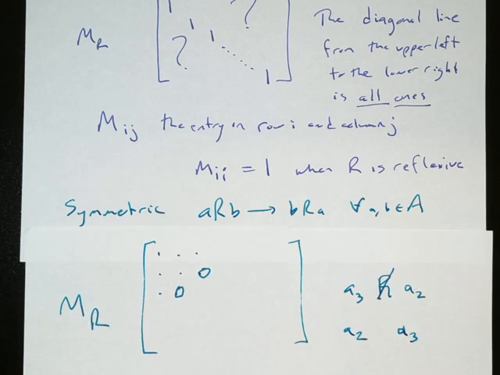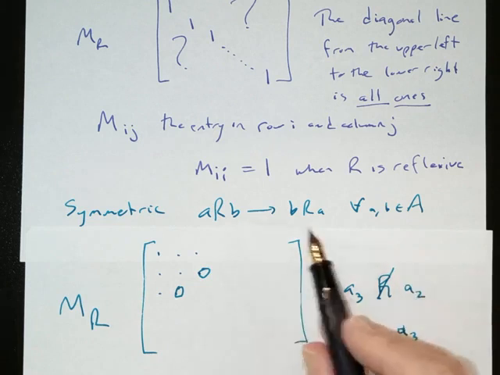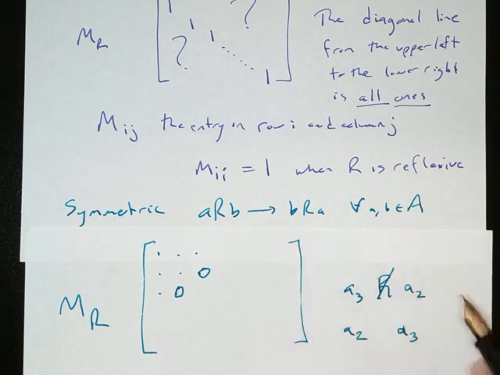Because what that does is that switches the positions, right? And if this was a 1, then the other one has to be a 1 as well. Aha. Whatever happens in the IJ position has to be the same thing happening in the JI.